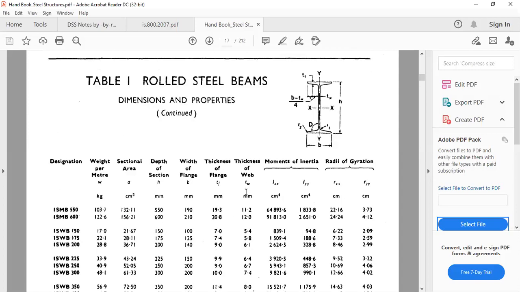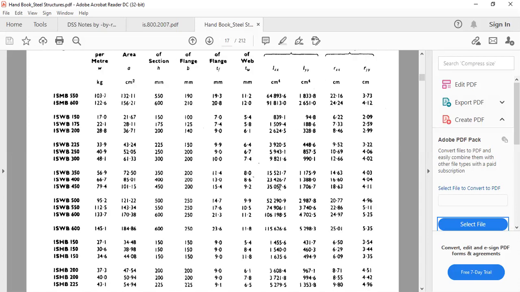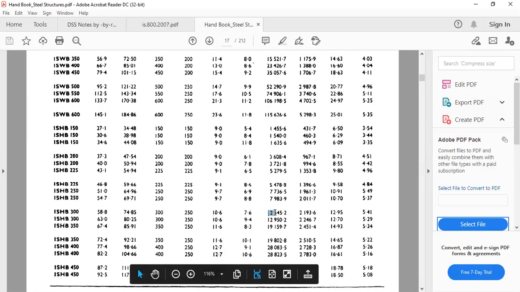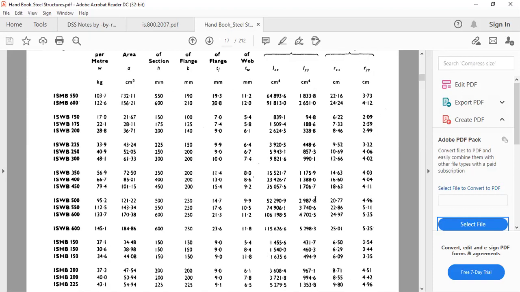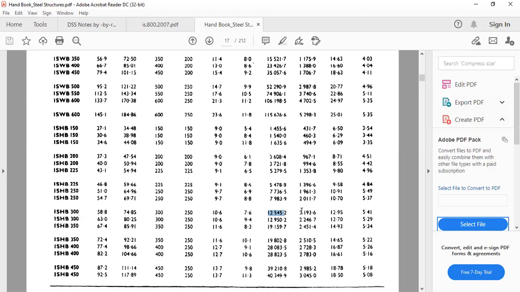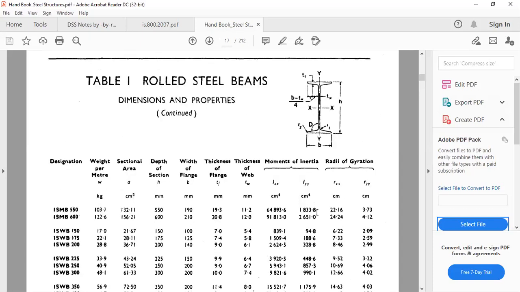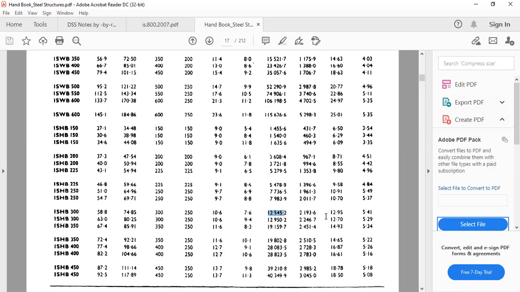Then Ixx is equal to 12,545.2 centimeter power 4, so multiplying by 10 to the power 4 gives the answer in mm power 4. Similarly, Iyy is 2,193.6 centimeter power 4. From this we are going to calculate the rxx and ryy values, and based on that we are going to choose the buckling class.